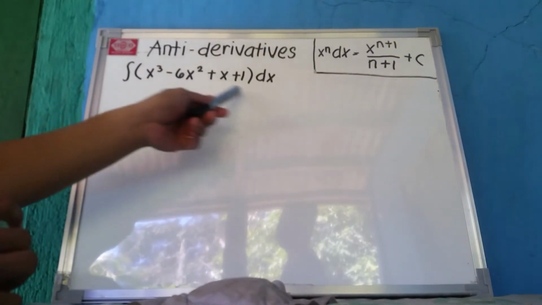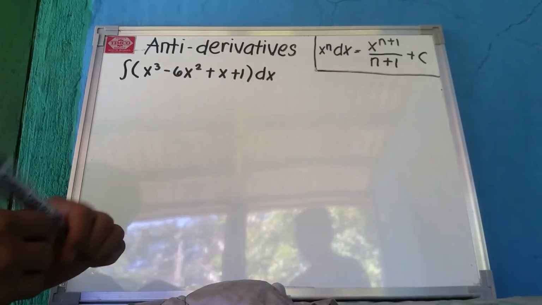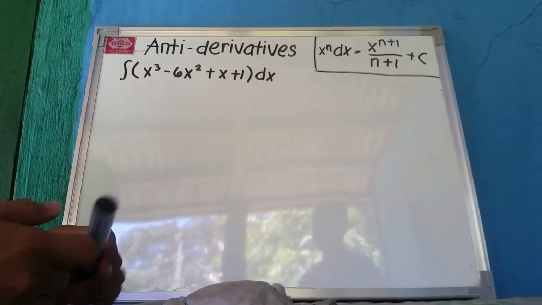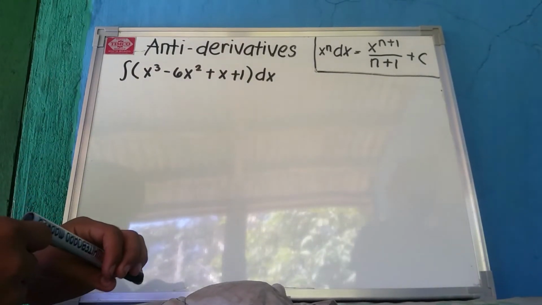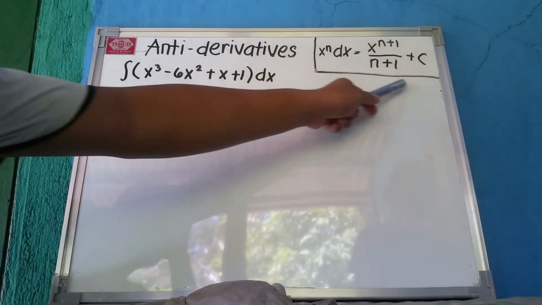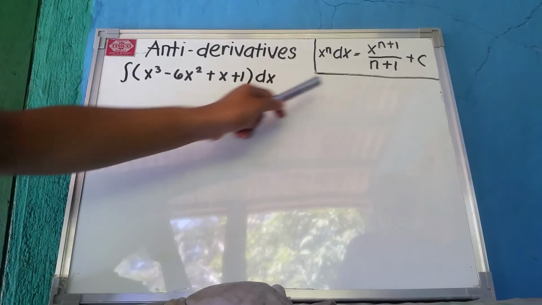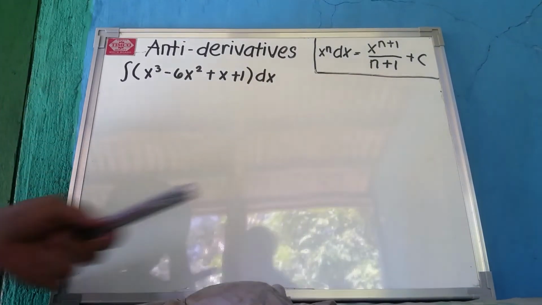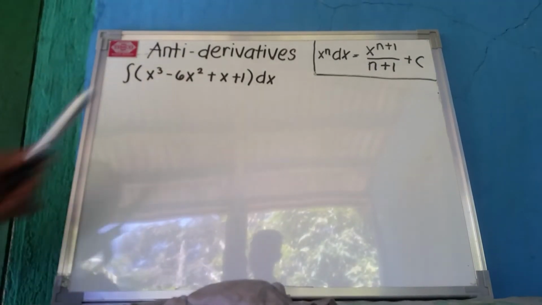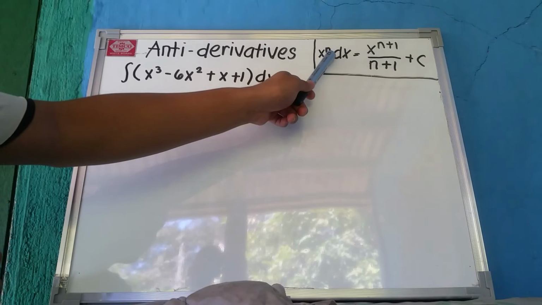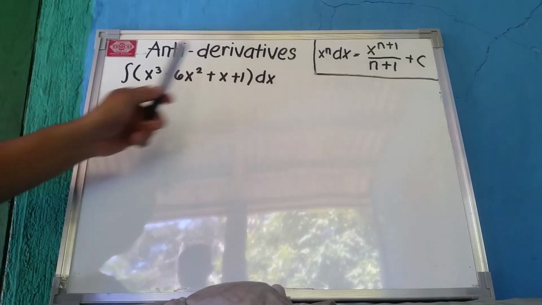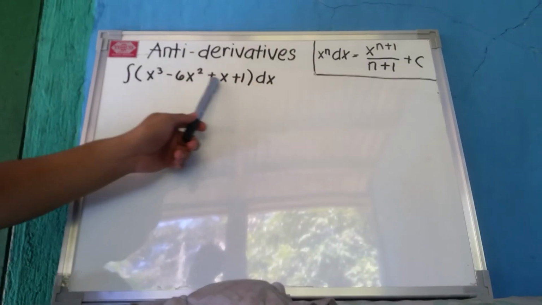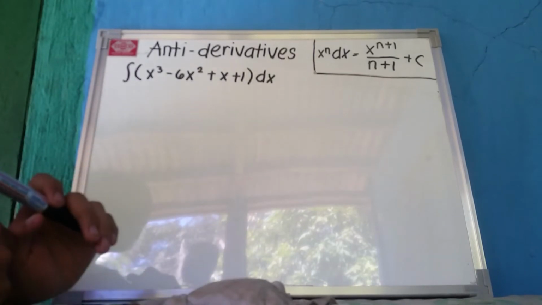So, in this equation, we are going to use the integral form of the power rule. So, this is the power rule for the antiderivatives or the integrals. If you are wondering what is n here, n here is the exponent of every variable of x.